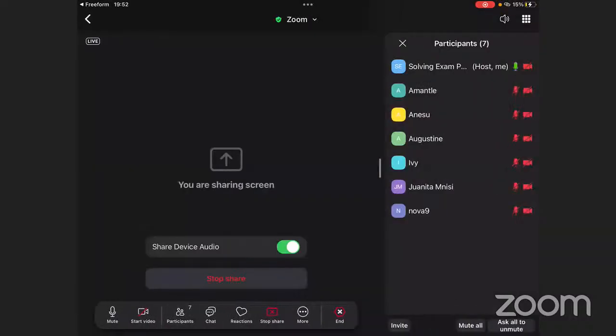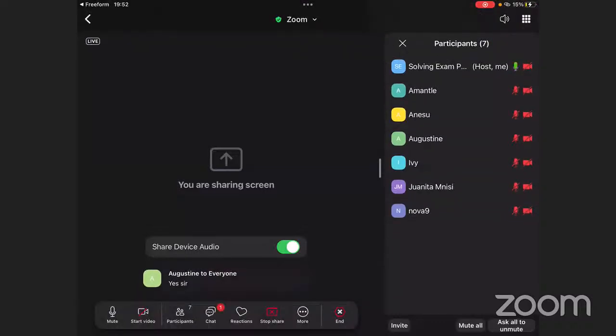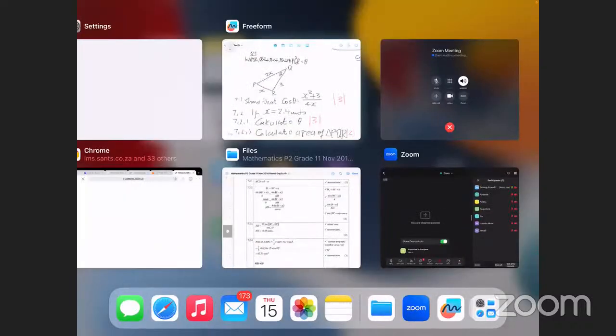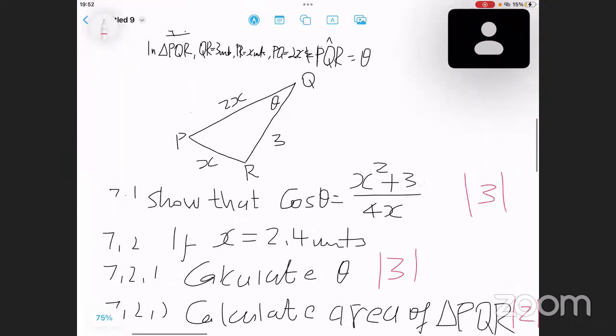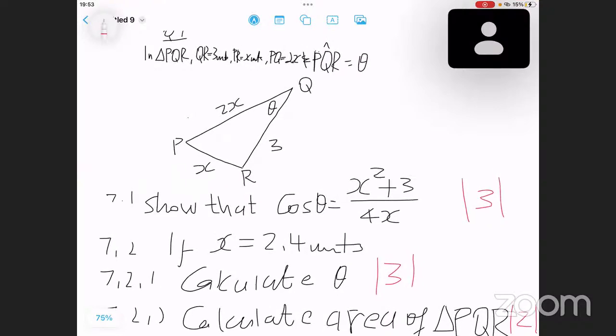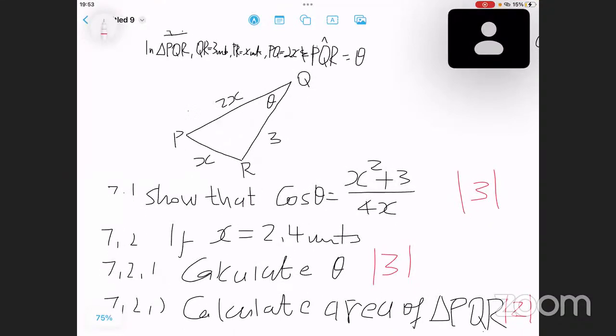Yes, the screen is sharing. Guys, are you working on it? Yeah, okay. Then it's fine. I'll give you guys enough time to work on that. Okay.